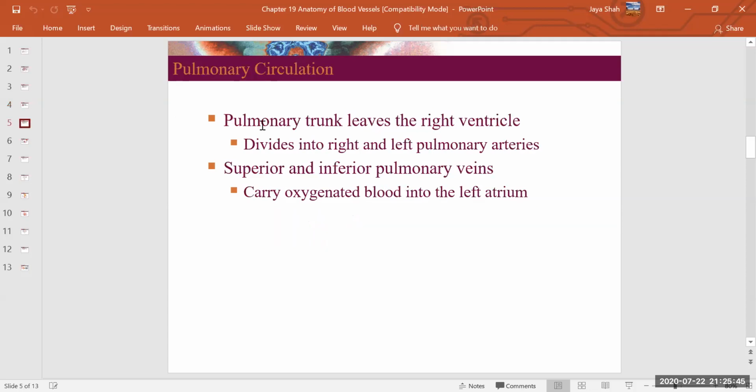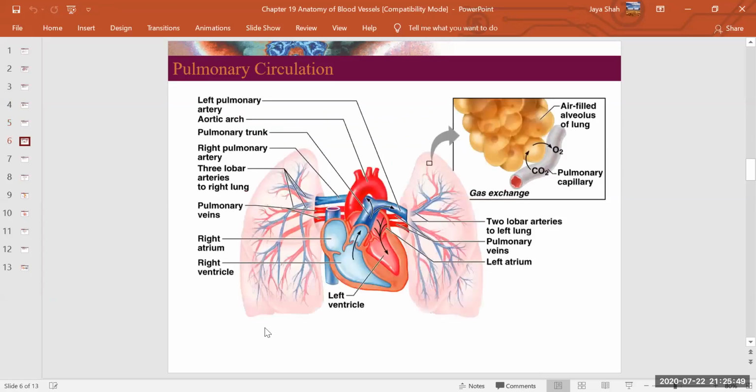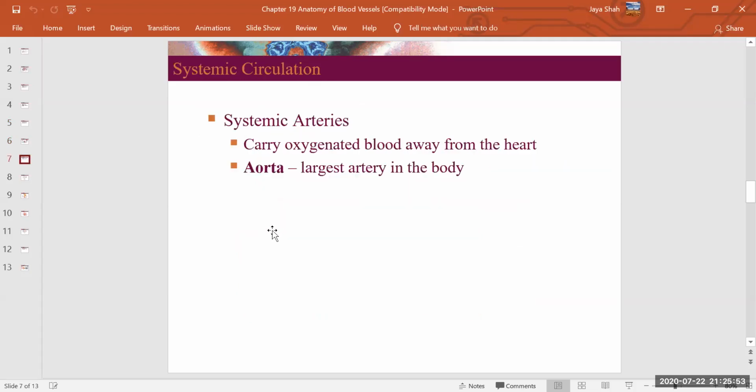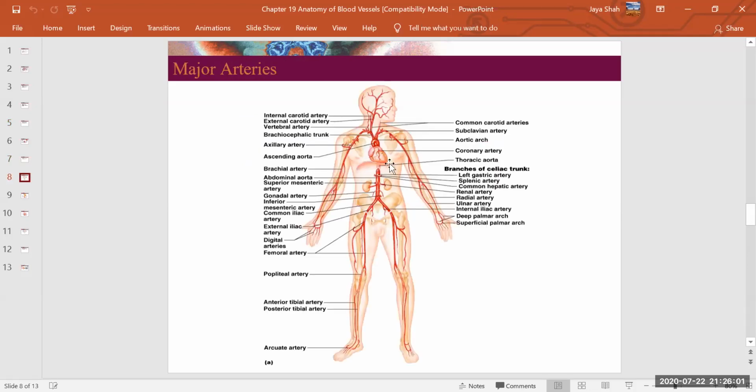Okay. Pulmonary circulation, we did it last time. We know how to do it. Systemic circulation carries oxygenated blood. We did these things last time. Here are the major arteries and veins you can use for your list. Okay.